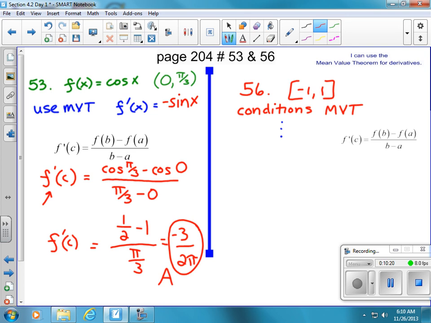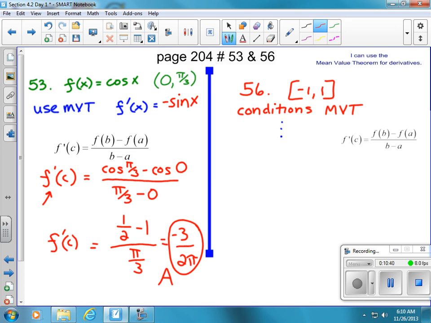It has the same sort of question. It says, oh, this one says, which one of these problems does not satisfy the mean value theorem between -1 and 1?